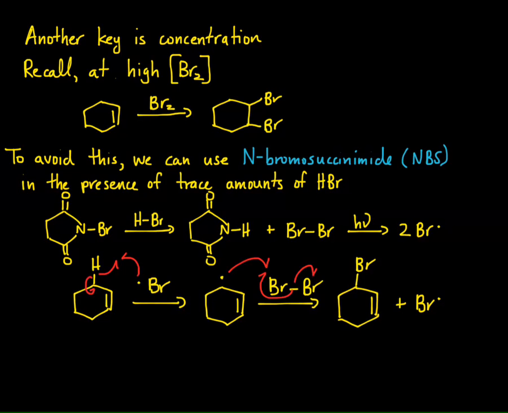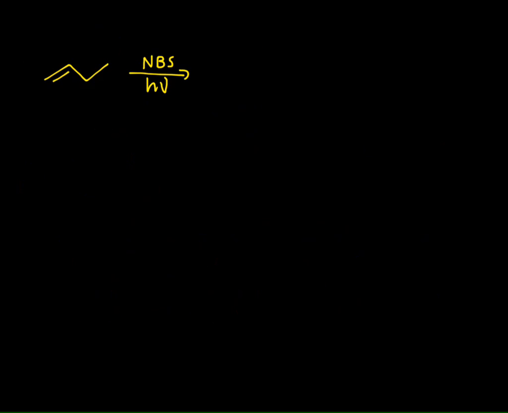So let's look at a couple of reactions. The first reaction here is simply 1-butene. So 1-butene will react with NBS, and when we're looking at trying to figure out the products of these reactions, we simply have to look for allylic carbon.